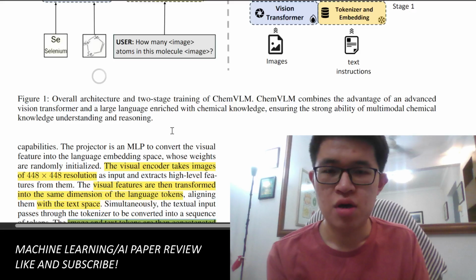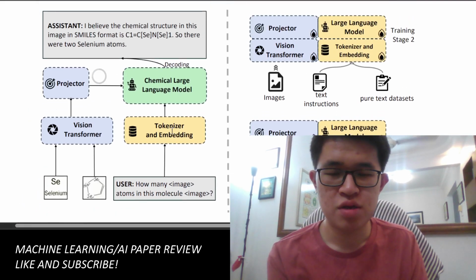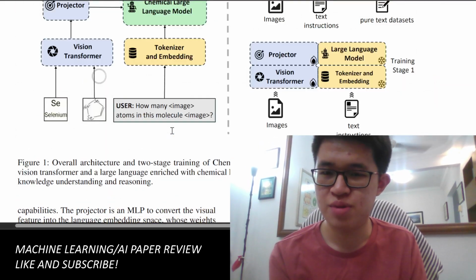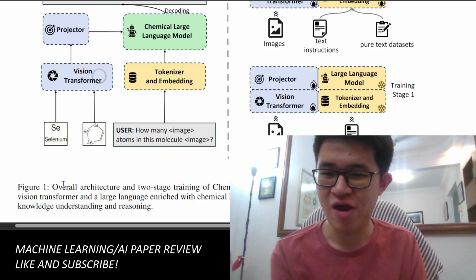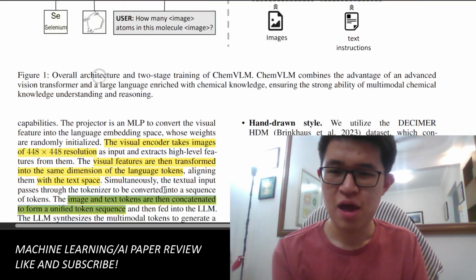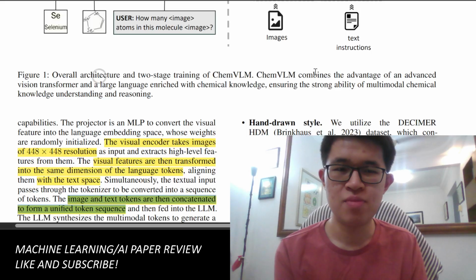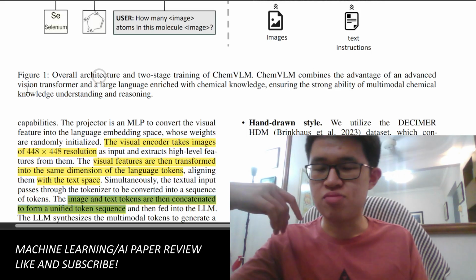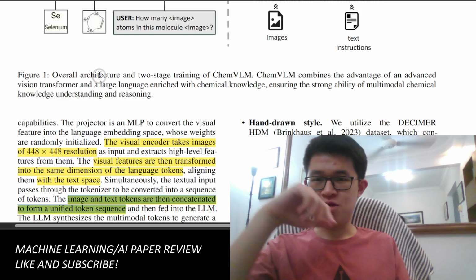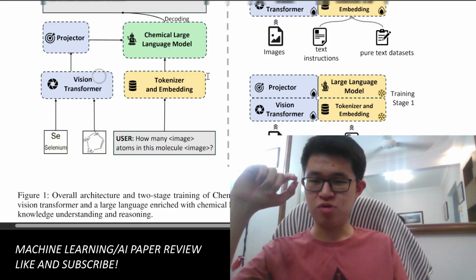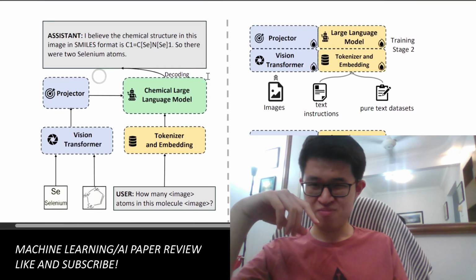As we can see in figure 1, they show us how it's done graphically. This is the overall architecture and two-stage training of ChemVLM. It uses both a vision transformer and large language models for multimodal understanding and reasoning.